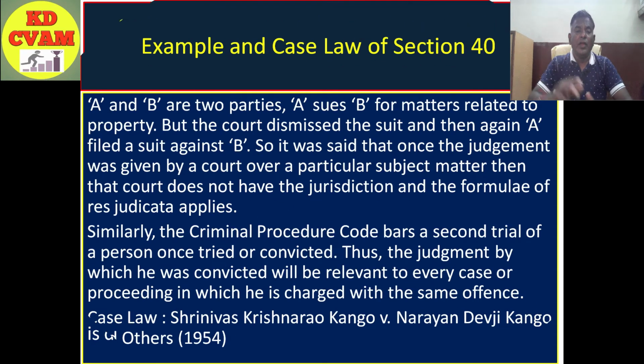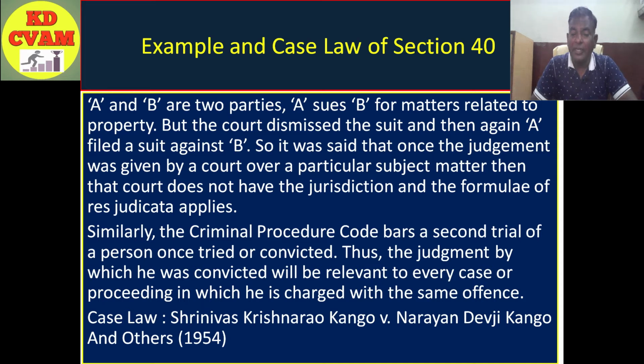Next, let's take an example and case law of section 40. Now A and B are two parties. A sues B for matters related to property, but the court dismissed the suit and then again A filed a suit against B. Now it was said that once the judgment is already given by a court over a particular subject matter, then that court does not have the jurisdiction and the principle of res judicata applies.